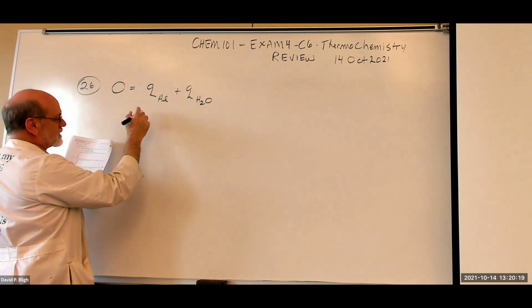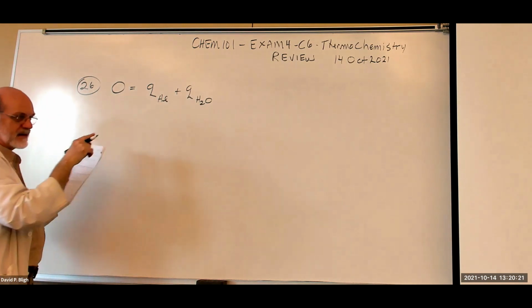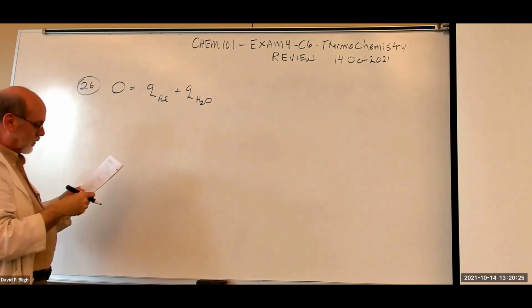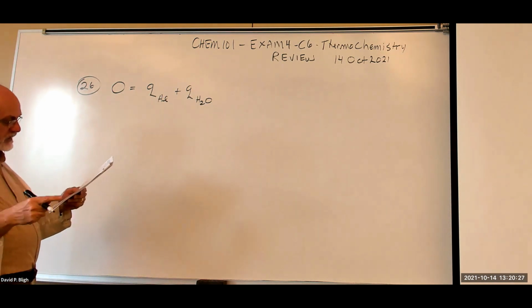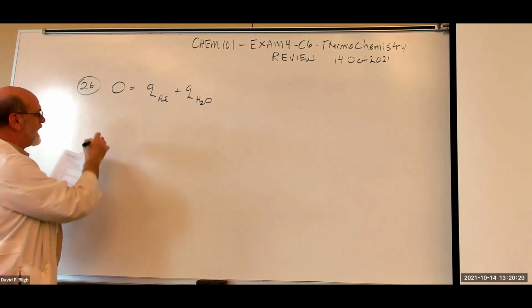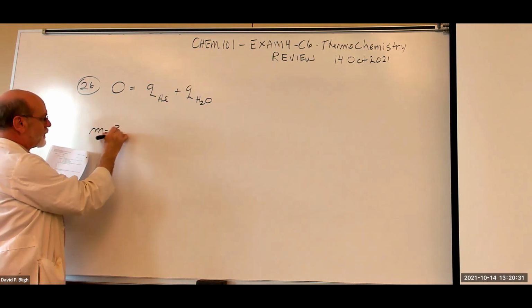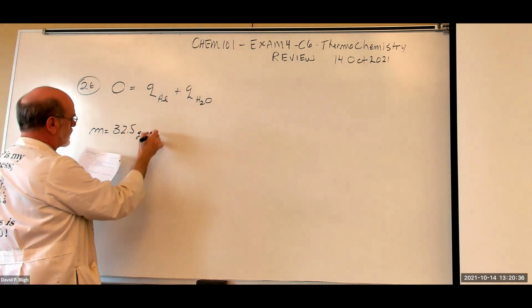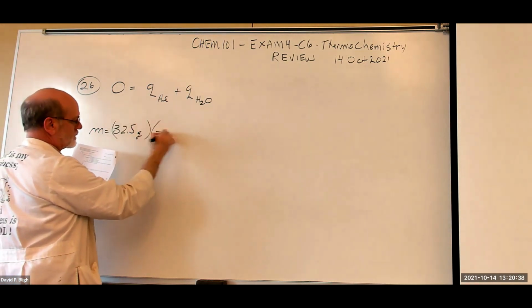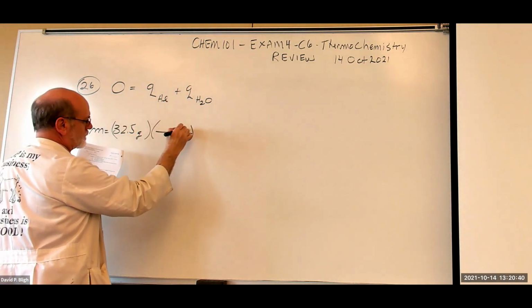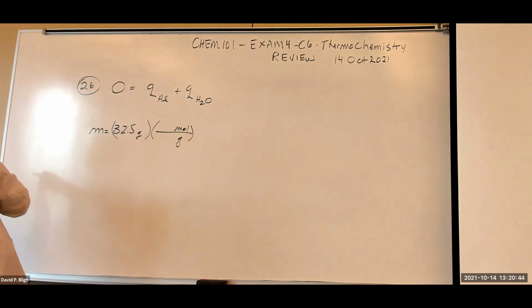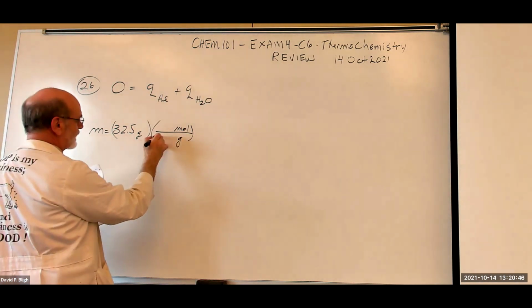In this case, the specific heat is in terms of mole. It's molar heat capacity. So what we have to do in order to use it, we've got to convert the mass of 32.5 grams of aluminum to moles. So we need the molar mass of aluminum, which is 26.98.